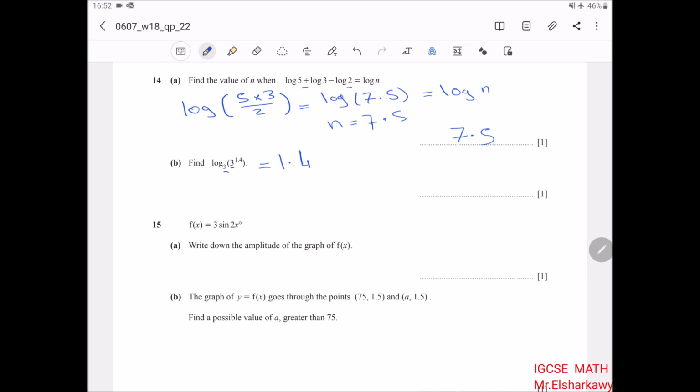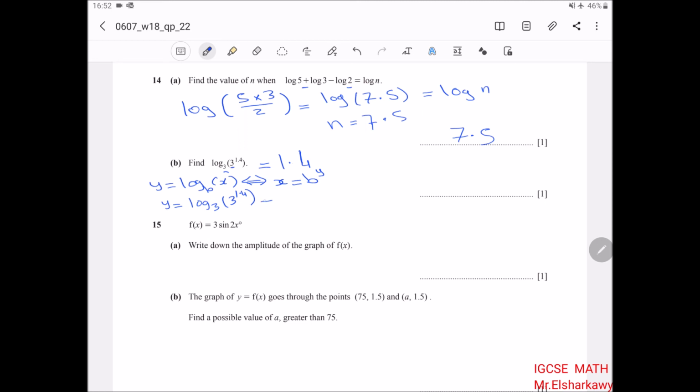Another way to look at it, we know from the log rules that y equals log base b of x is equivalent to x equals b to the power of y. So if we apply it here, we have y equal to log base 3 of 3 to the power of 1.4.